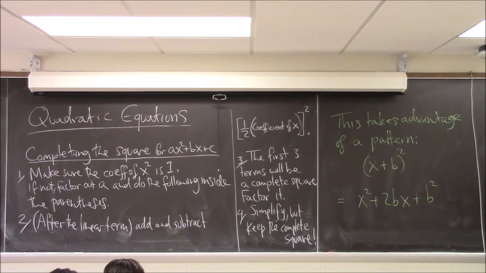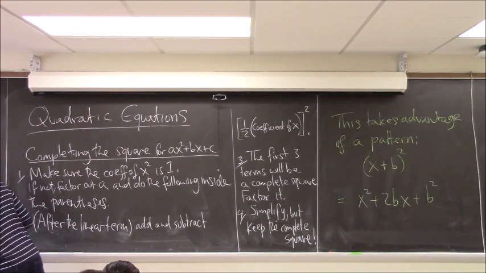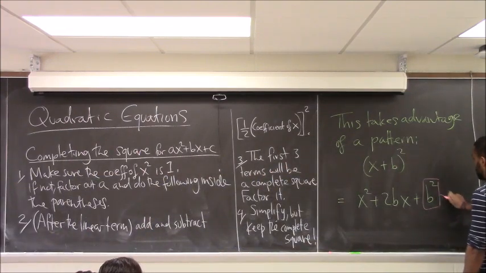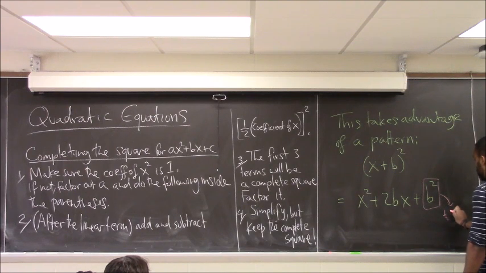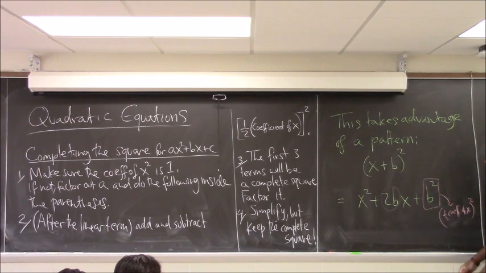And what you would notice is that this term in a complete square is equal to one half the coefficient of x, all squared. Notice that the coefficient of x here is 2b. You take half of that, you get b. Then you square it, you get b squared. This is always going to be true for any complete square.